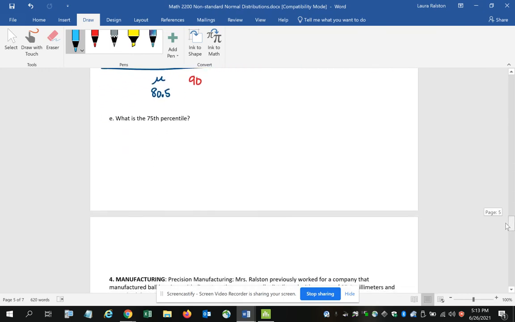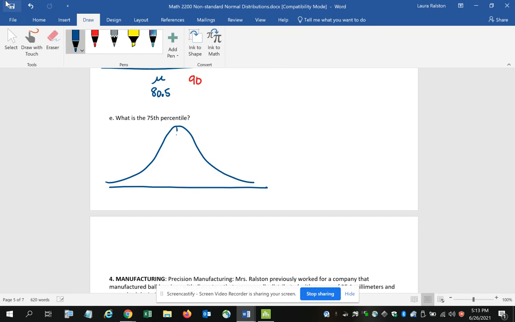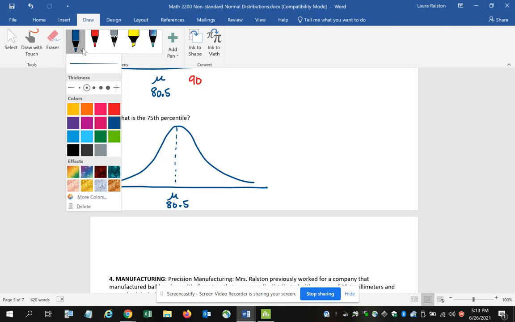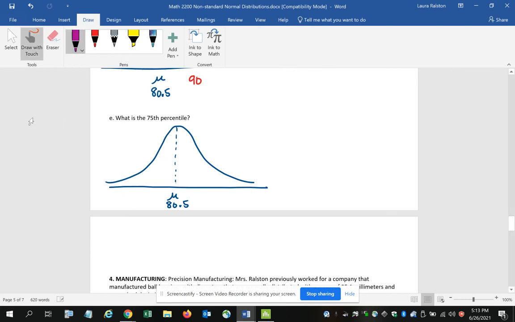Again, letter E, the phrasing of this question might be confusing to you because it says, what is the 75th percentile? Okay, they're actually asking you to find the value of the 75th percentile. Again, it's the wording, but we know that women's diastolic blood pressures are normally distributed. The mean is 80.5, and we're looking for the 75th percentile. Okay, a couple of things to remember.